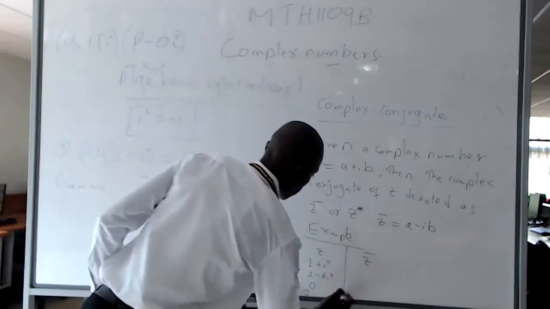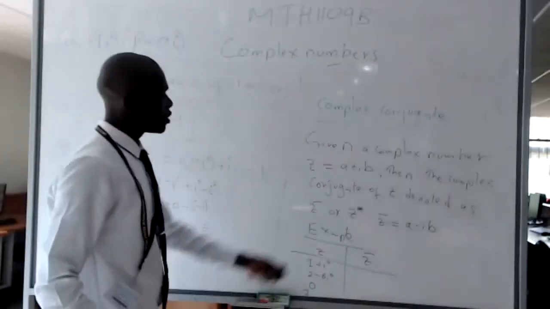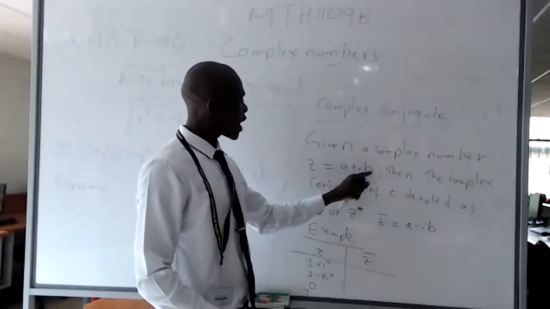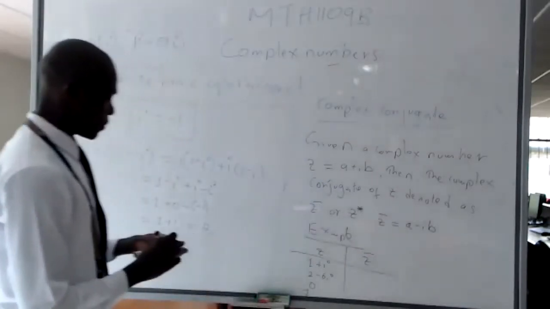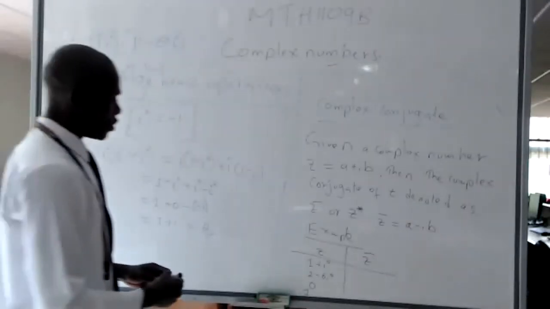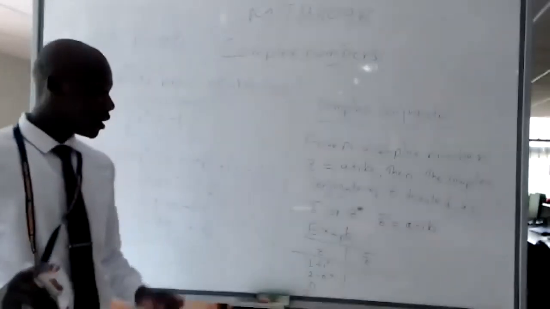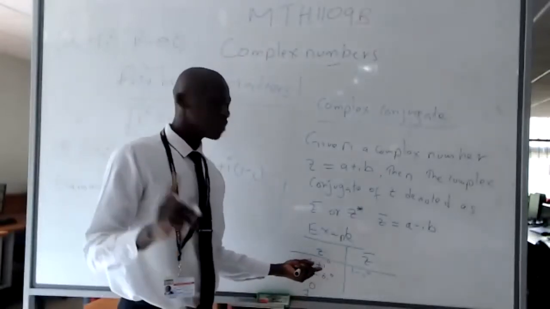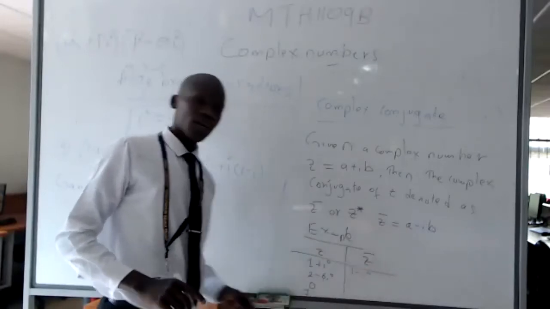So you guys give me the complex conjugate of 1 plus i. I've given you the rule. Simply change the sign of the imaginary part. So if you had a plus ib, the complex conjugate is a minus ib. 1 minus i. Good. Why 1 minus i? Because the imaginary part of this is positive 1. So we change the sign of positive 1 to minus 1. Therefore, we have 1 minus i.